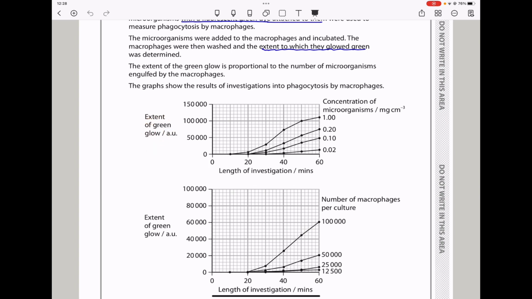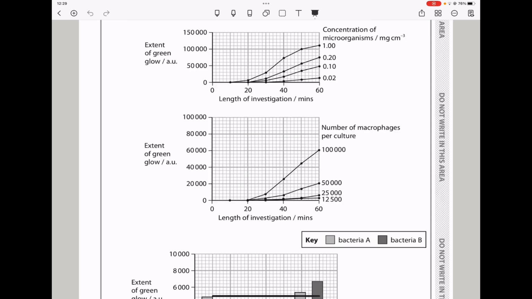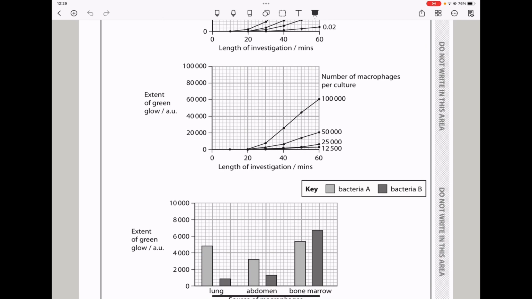Extent of green glow, and here we have the length of the investigation. We see as the length of the investigation increases for all concentrations of microorganisms, the extent of green glow increases. Also here we see the extent of green glow as the length of investigation is varied, but here the number of macrophages per unit. Also we see that overall as the number of macrophages increases, when the length of the investigation increases, the extent of green glow is increasing as well.